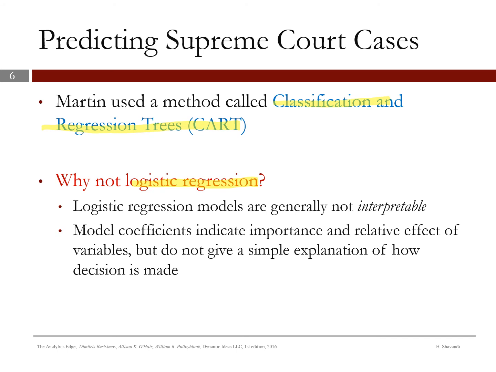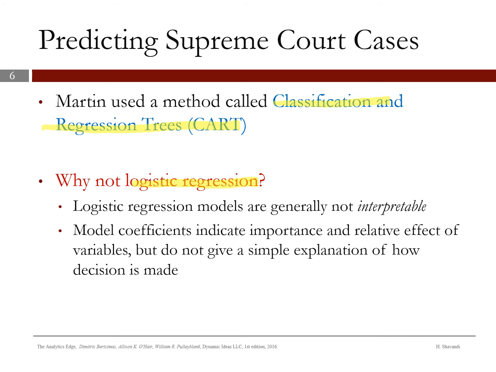For example, 1 would be to reverse the decision made by the lower level court, and 0 would be to affirm. So we may ask why we don't use logistic regression. Here are the reasons.